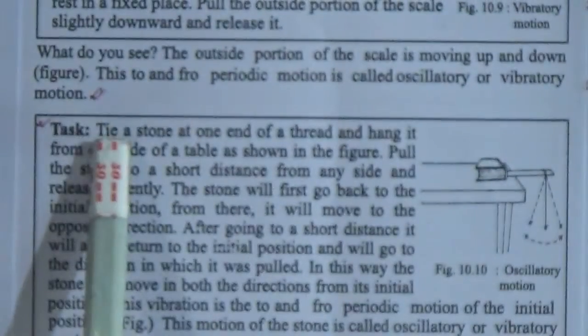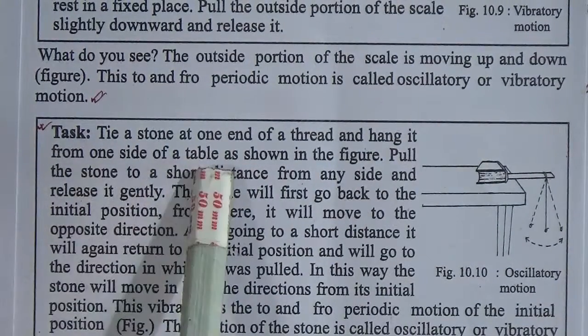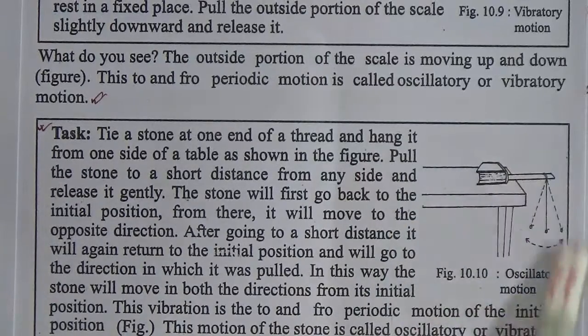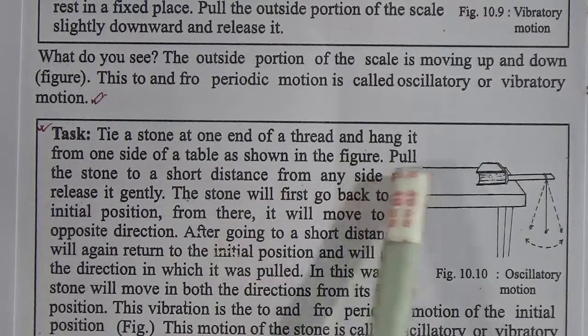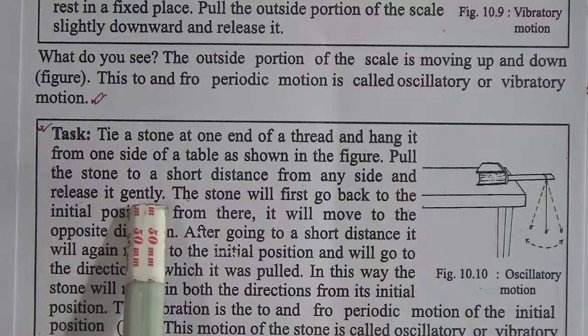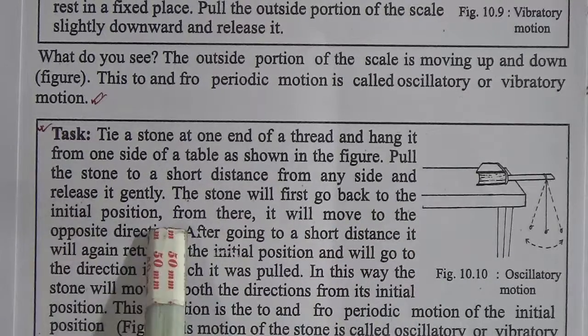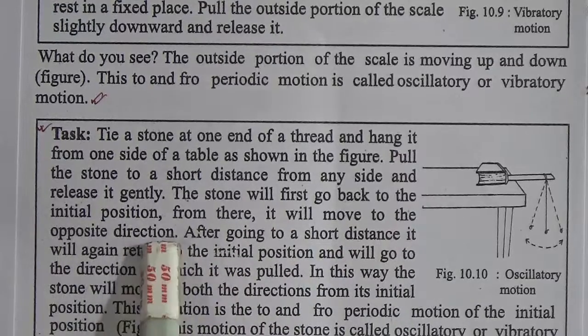Another one, vibratory motion. Tie a stone at one end of a thread and hang it from one side of a table as shown in the figure. Here you can see the figure. Pull the stone a short distance from any side and release it gently. The stone will first go back to the initial position. From there, it will move in the opposite direction.